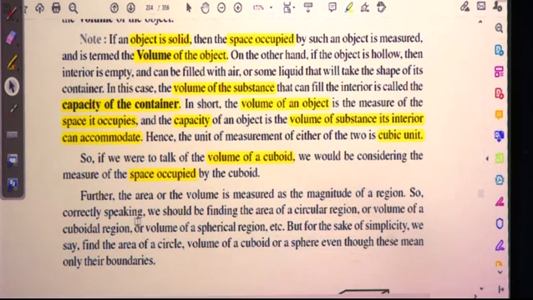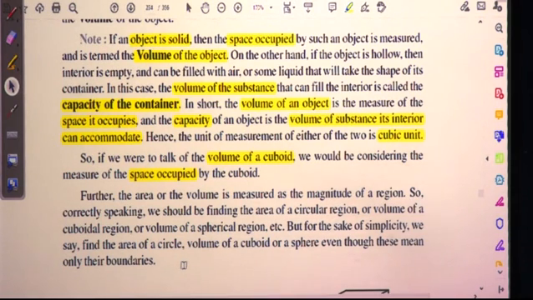So, correctly speaking, we should be finding the area of a circular region, or the volume of a cuboidal region, or the volume of a spherical region, etc. But for the sake of simplicity, we say find the area of a circle, or the volume of a cuboid or sphere, even though these mean only their boundaries.